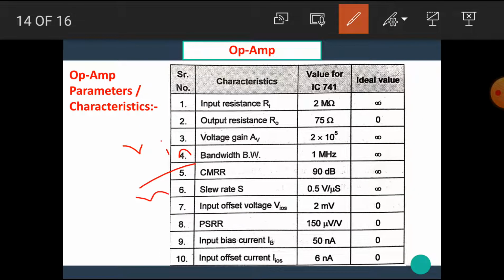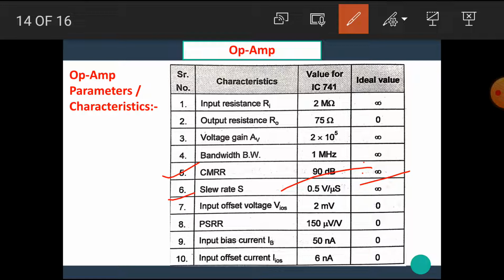Now let's see the next, the bandwidth. The bandwidth is the range of frequencies over which the amplifier can amplify its signal. Its ideal value should be infinity, and for IC741 its value is 1 megahertz. The next is CMRR, that means common mode rejection ratio. Its ideal value is infinity, and the practical value for IC741 is 90 decibel.